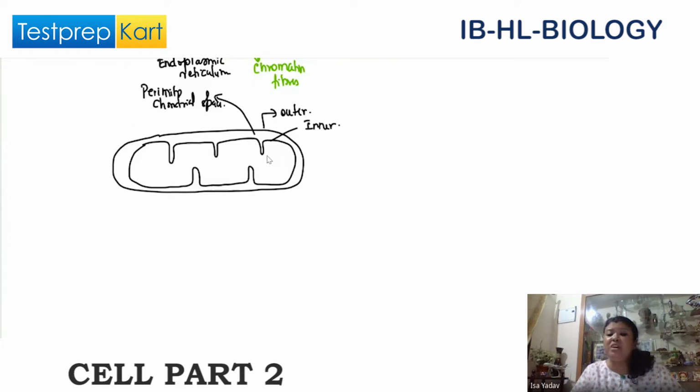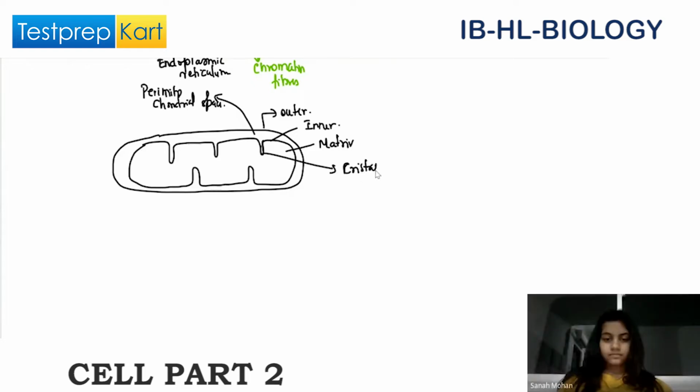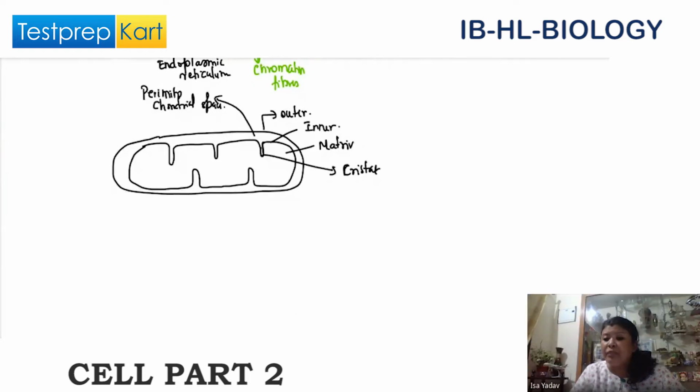The inner membrane is thrown into folds into the cytoplasm of the mitochondria, called the matrix. This fold is called cristae.